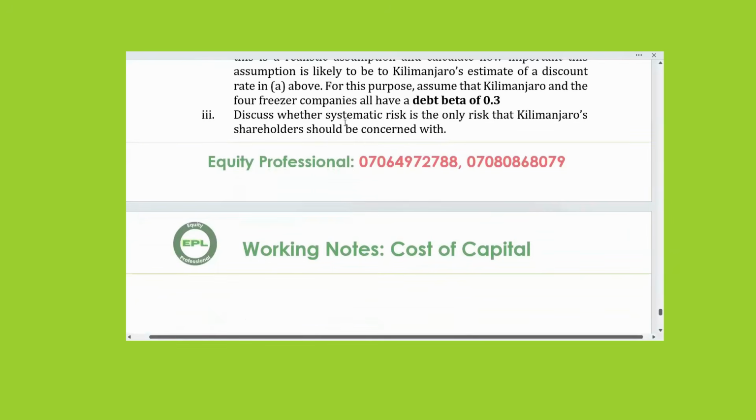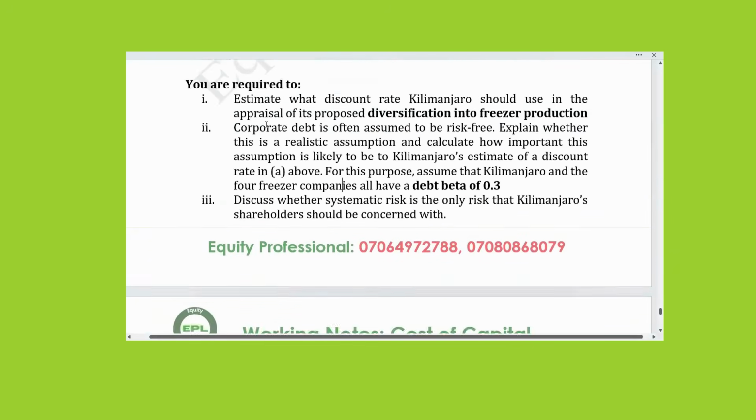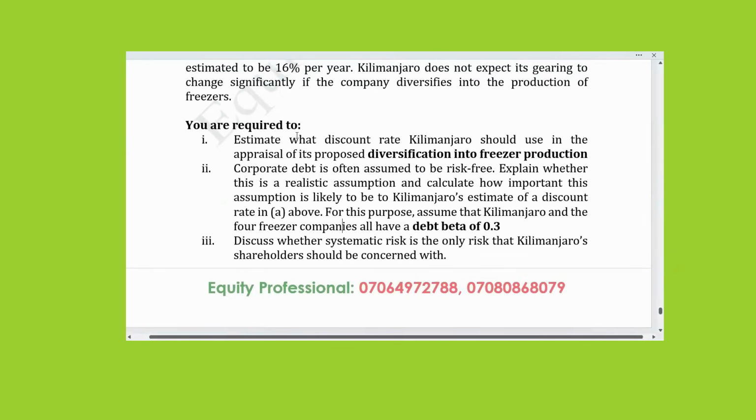All right, thank you very much, Matthew. Yes, that is the question. From the requirements, you have to calculate the discount rate that Kilimanjaro should use in the appraisal of its proposed diversification into freezer production. Now, when you look at these requirements, the examiner has mentioned diversification.